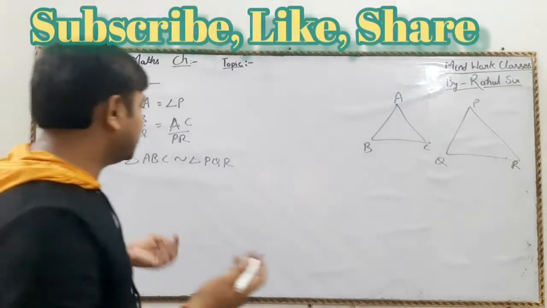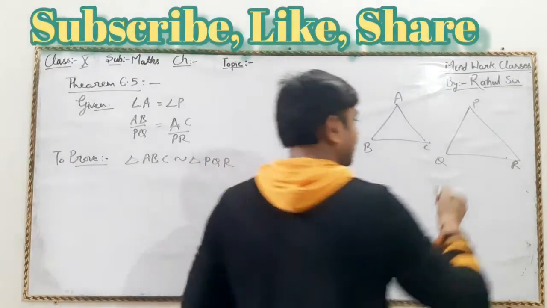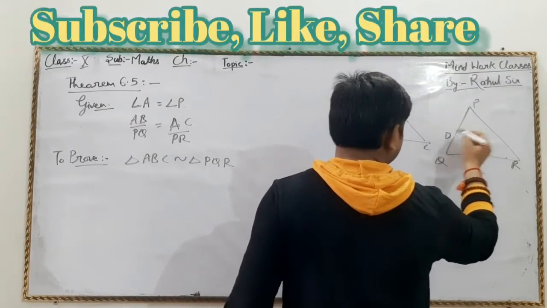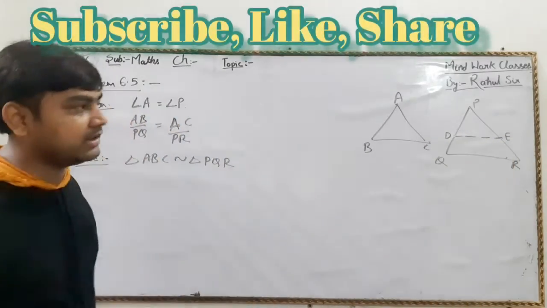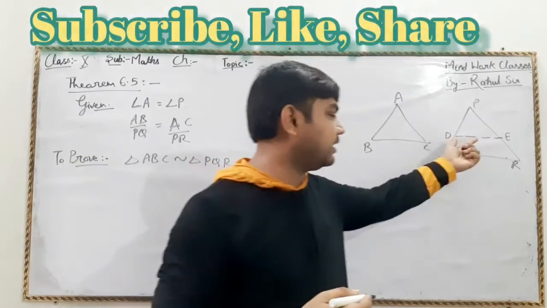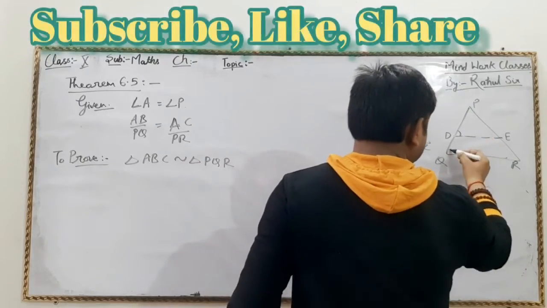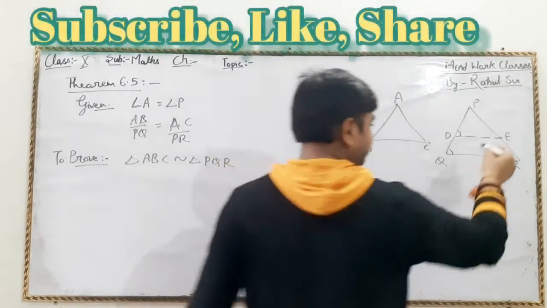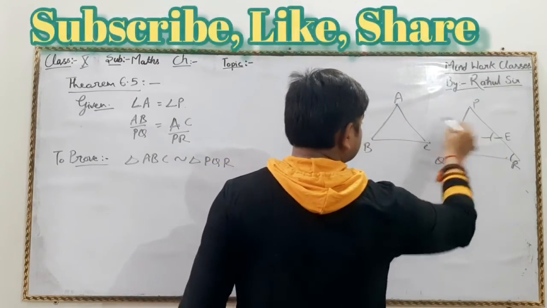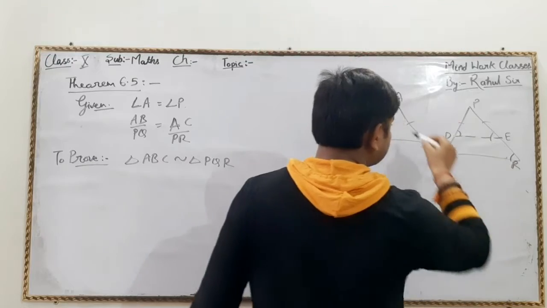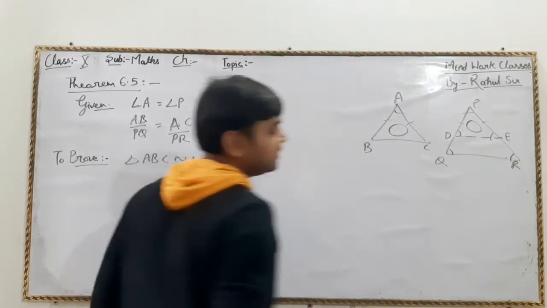So how can we prove these two triangles are similar? The same as the previous case. First, take these points D and E, join these two points, and prove that these two lines are parallel. If these two lines are parallel, then these two angles will be equal. Again, this line is equal to this line. Again, this angle is equal to this angle, so this triangle and this triangle are congruent.